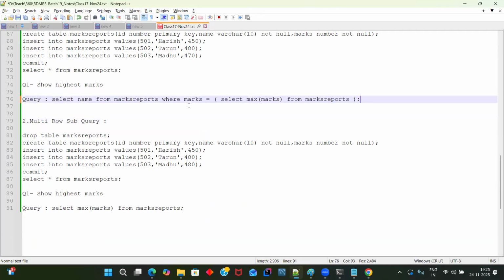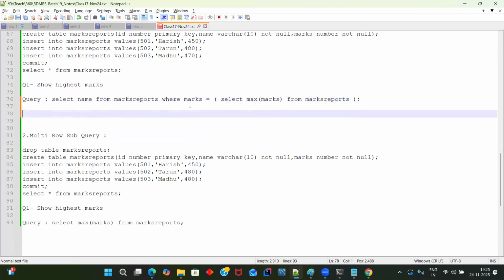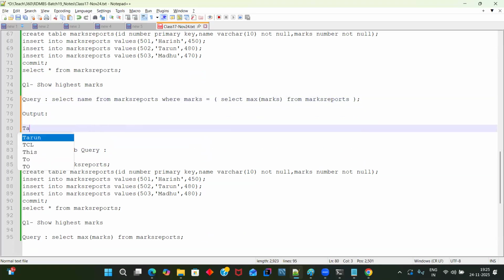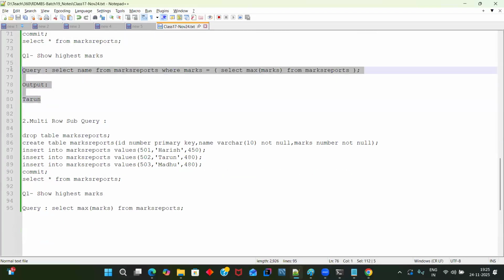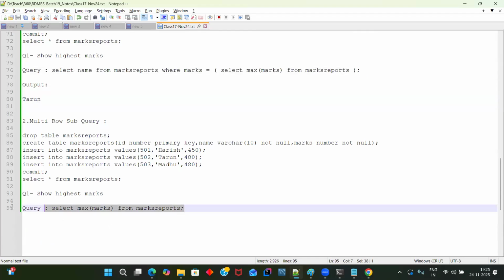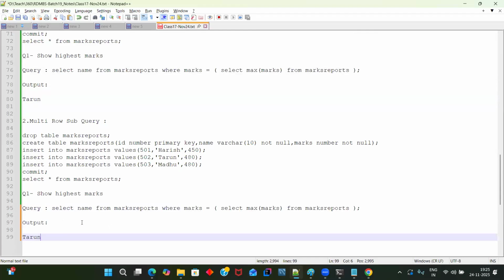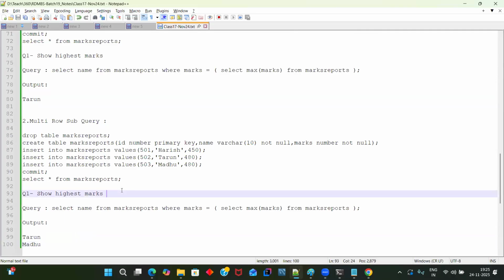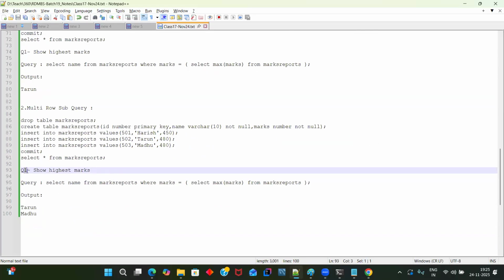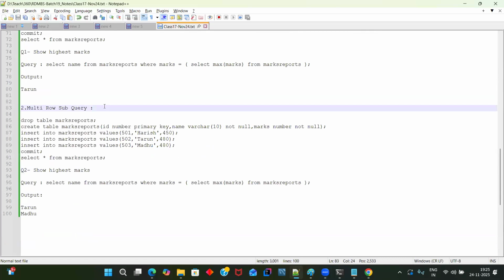Here you got only the output Tarun, undoubtedly. But when it comes to the same query, because we changed the data, you'll get Tarun and Madhu as well. I hope from a definition point of view, guys, you're clear on the difference between single row subquery and multi-row subquery. Make sense?